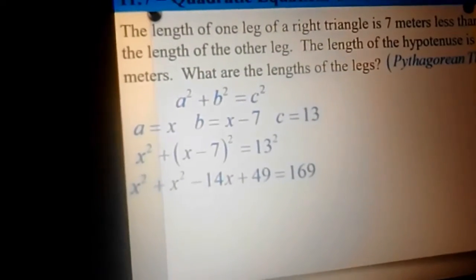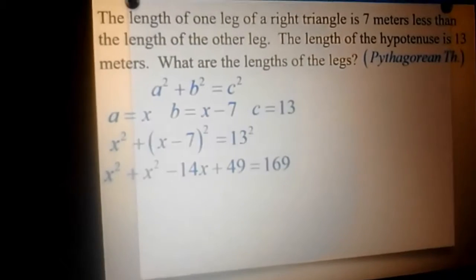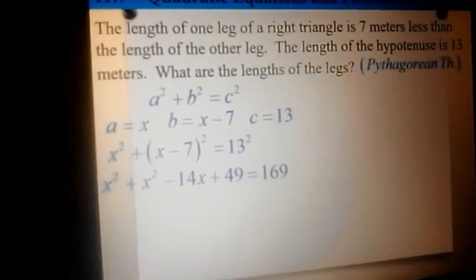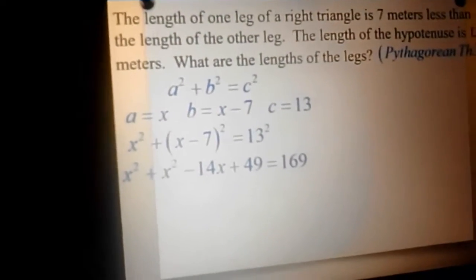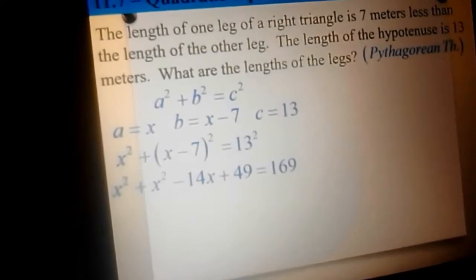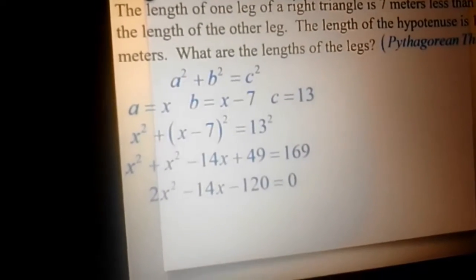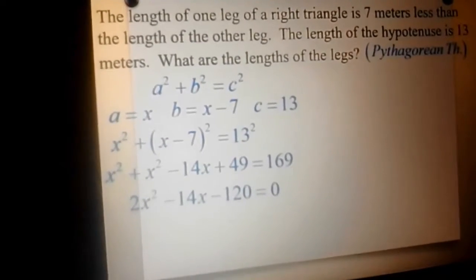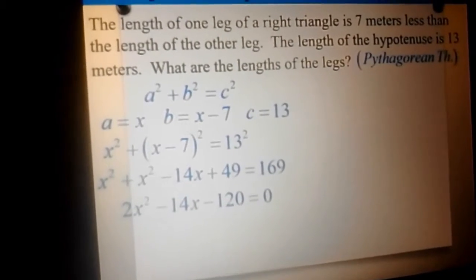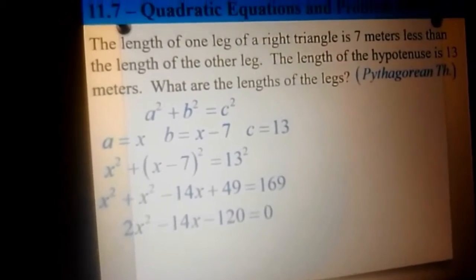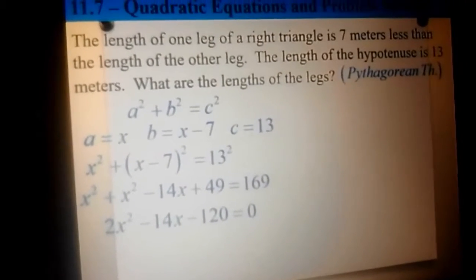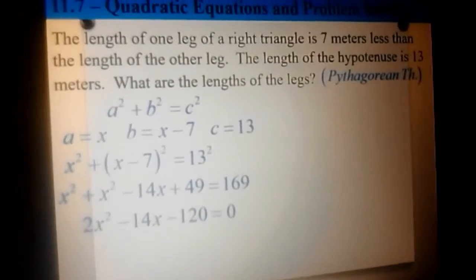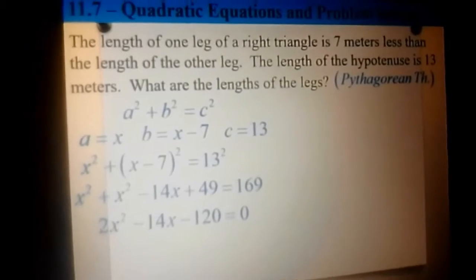So simplifying, we have x squared plus x squared minus 14x plus 49 be equal to 169. x minus 7 squared is just equal to x minus 7 multiplied by x minus 7, so applying the FOIL method and combining like terms, x squared plus x squared is just equal to 2x squared minus 14x, and we can attain minus 120 when we apply the subtraction property of equality, where we subtract both sides by 169.